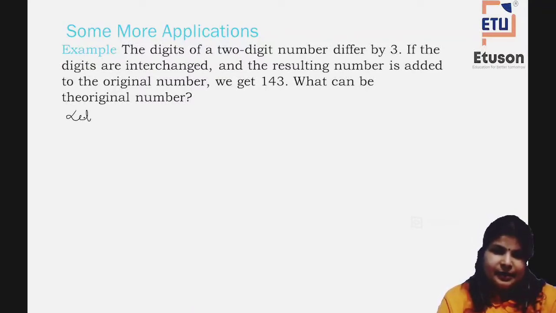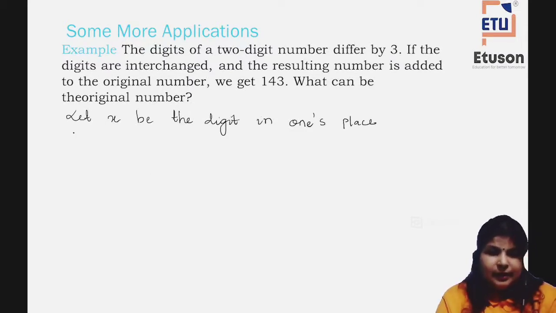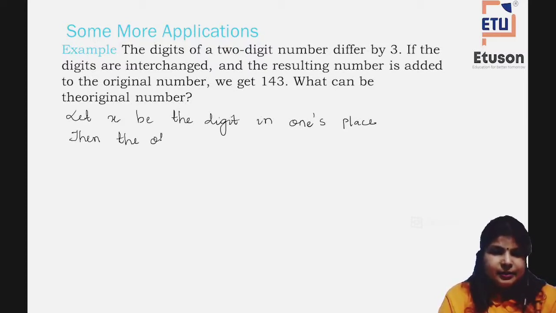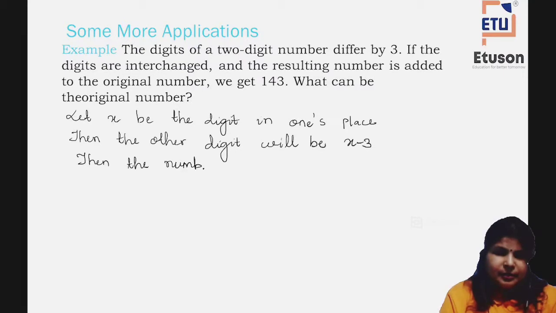So let x be the digit in ones place. Then the other digit will be x minus 3. Then the number will be... how to get the number?